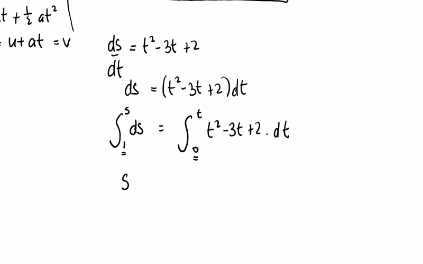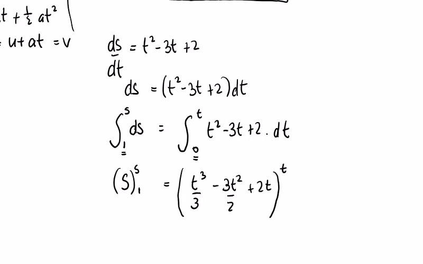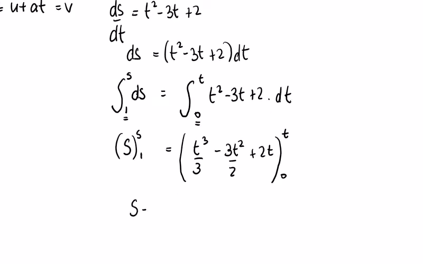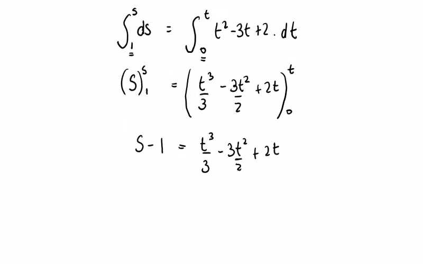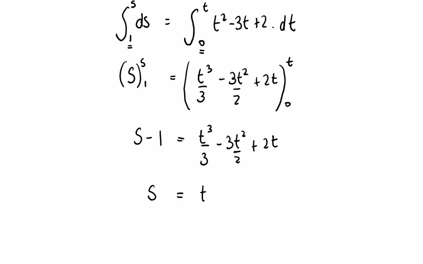So s between s and 1 is equal to t cubed over 3 minus 3t squared over 2 plus 2t between t and 0. So s minus 1 is equal to t cubed over 3 minus 3t squared over 2 plus 2t, the 0 will just go to 0. And we bring the 1 across to get our expression for s: t cubed over 3 minus 3t squared over 2 plus 2t plus 1.